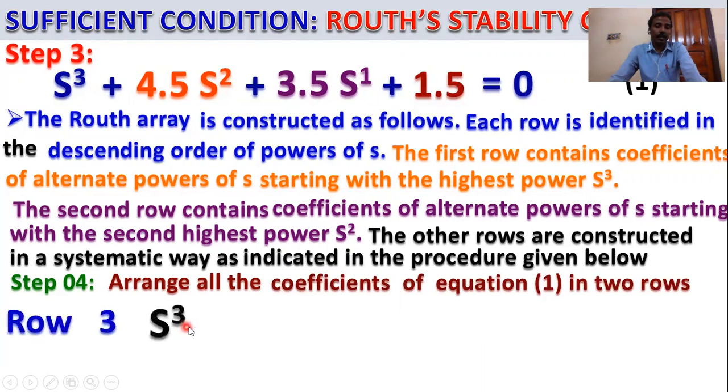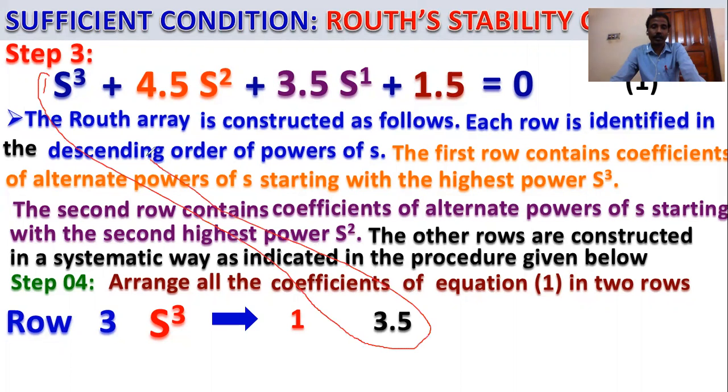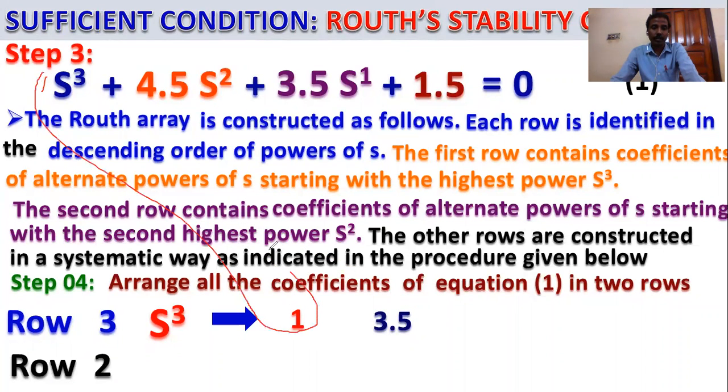Row number 3 is the s cube row, with alternating coefficients: the first coefficient is 1, and the alternating coefficient is 3.5.